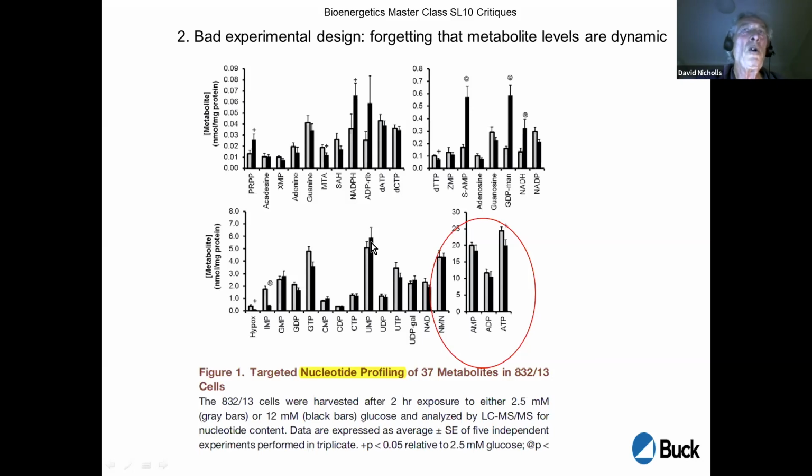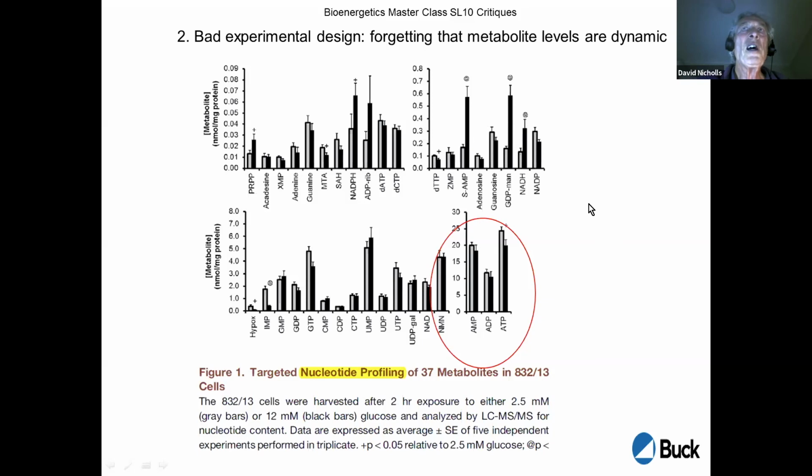And as you know, with insulin cells, they respond to glucose with a considerable increase in energy level, which is then triggering to release insulin. And the first thing you find is that it's roughly equimolar AMP, ADP, and ATP. And it doesn't change in low glucose and high glucose. So these are dead cells, basically. So the whole paper is looking at dead cells, which isn't a terribly useful thing to do.